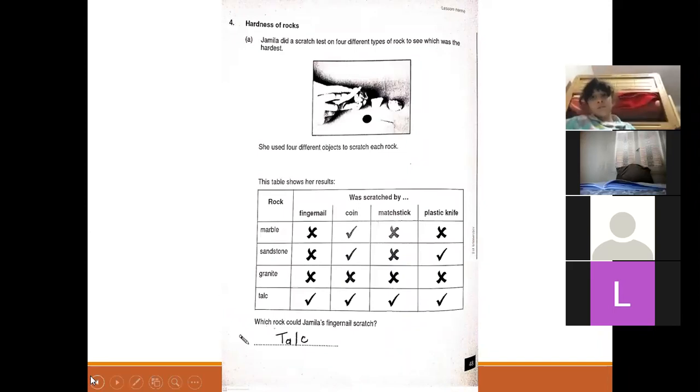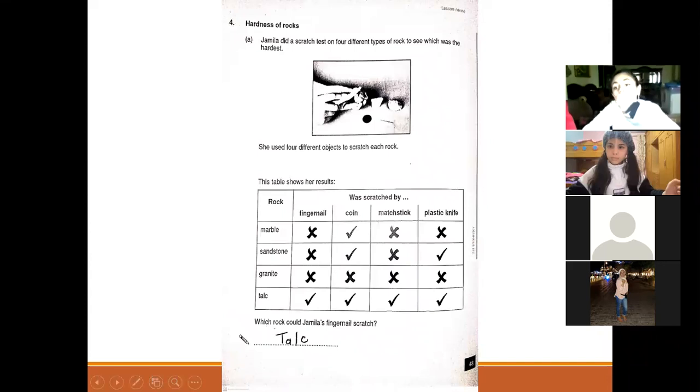Why did Jamila say that the granite was the hardest rock she tested? You just have to tell me what did she try and wasn't able to scratch the granite. Hey, Nancy. She tried to scratch it using what? Using her fingernail. Fingernail, and what else?